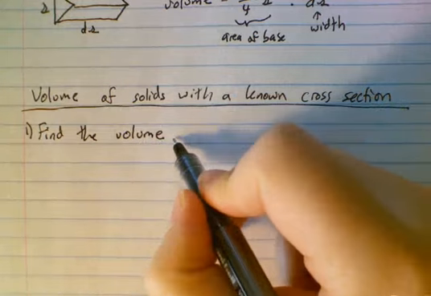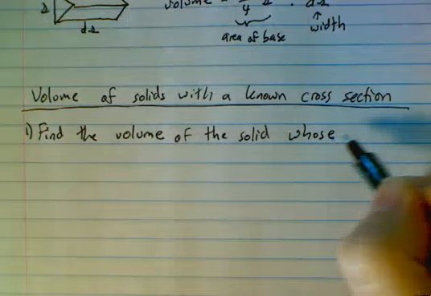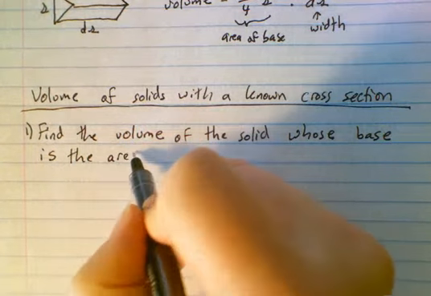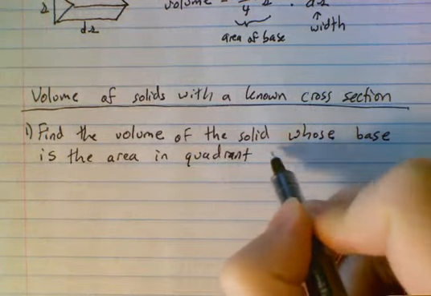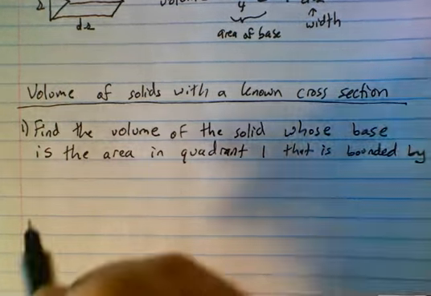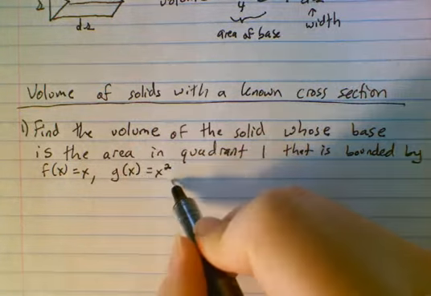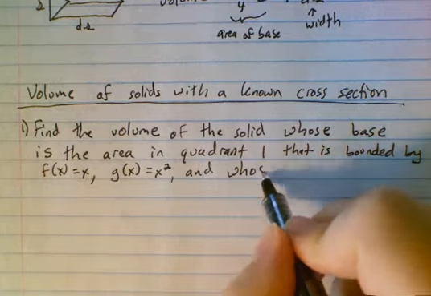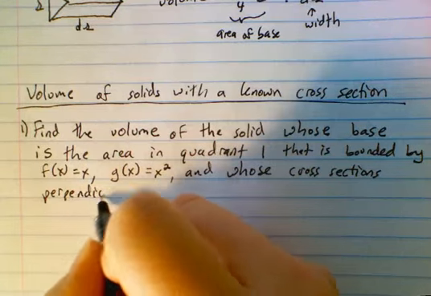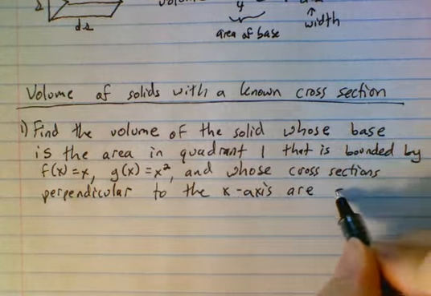Notice that we're doing volume now instead of area of the solid whose base is the area in quadrant 1 that is bounded by f of x equals x, g of x equals x squared, and whose cross sections perpendicular to the x-axis are squares.